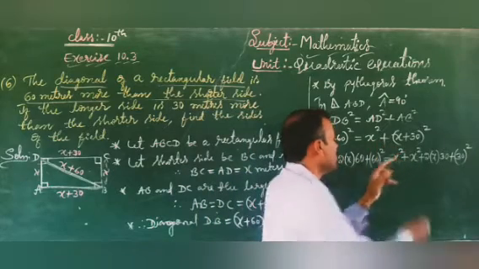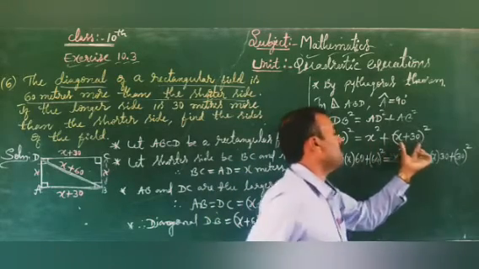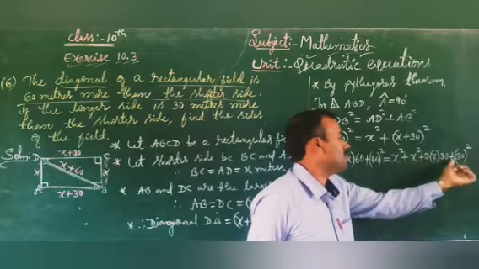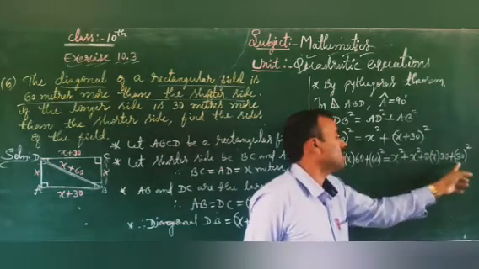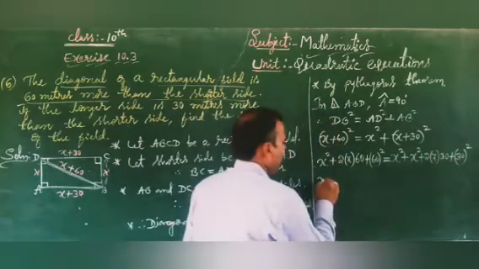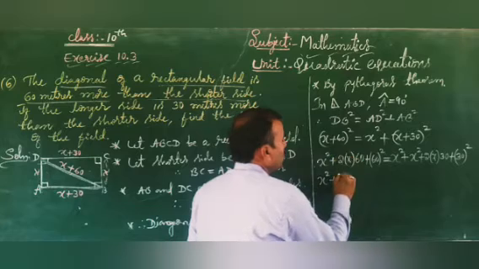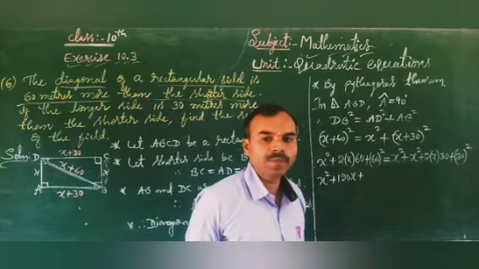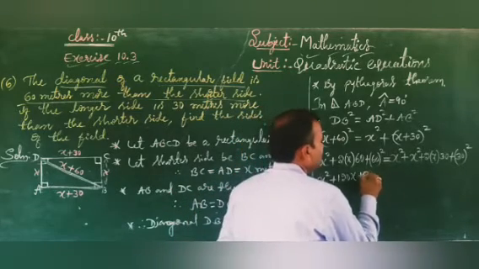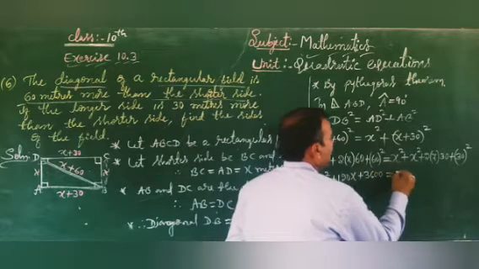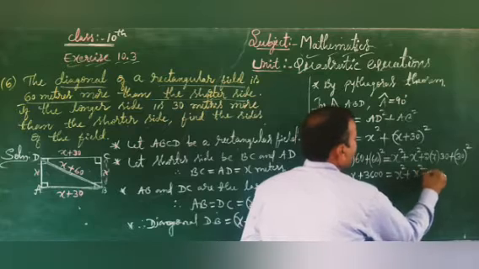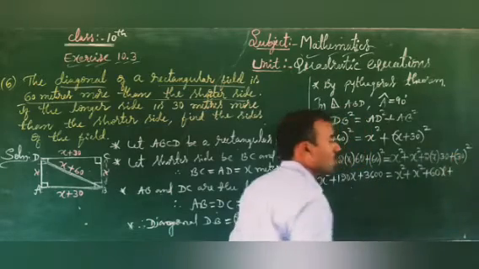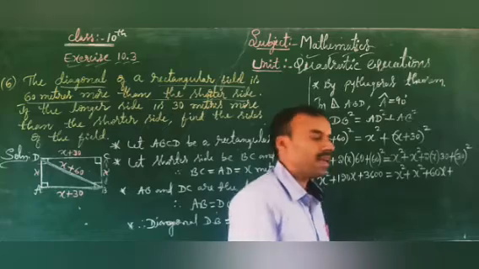Next, x square plus 60 into 2, 120x, plus 60 into 60, which is 3600, equals x square plus 30 into 2, 60x, plus 30 into 30, 900.